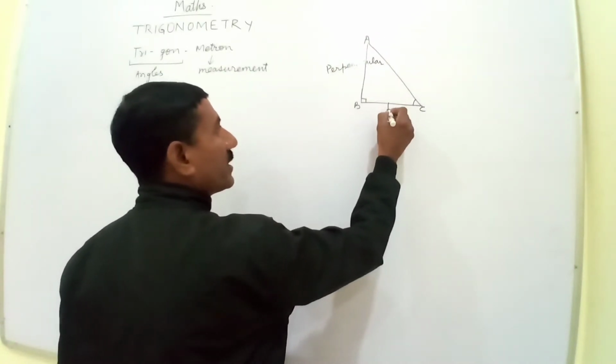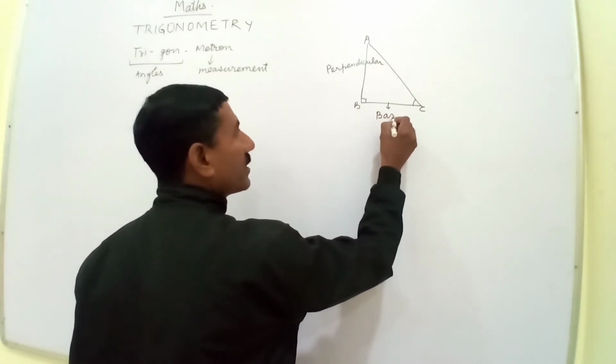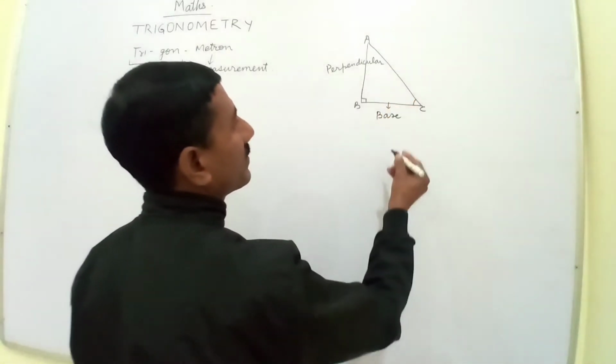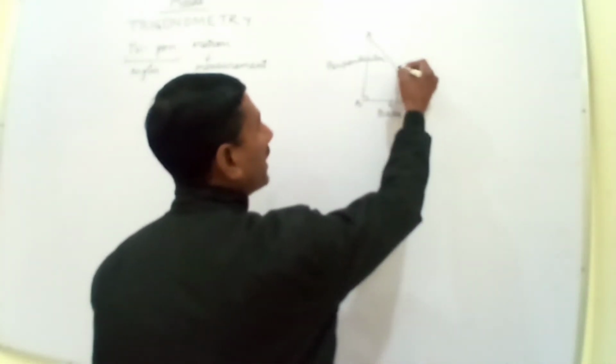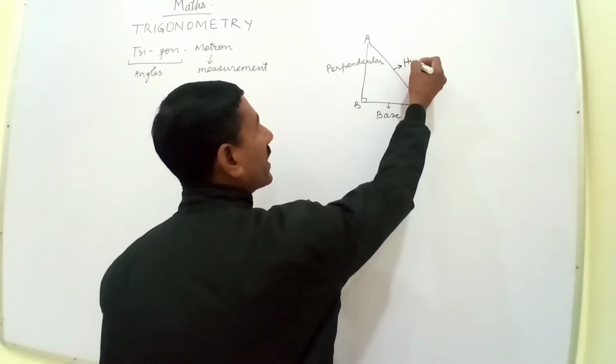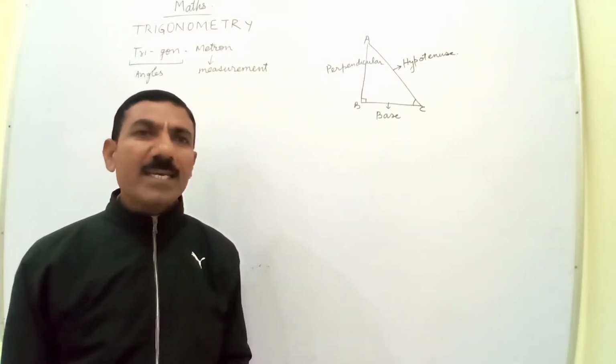The side that lies on this angle is called base, on which the triangle is located, and the third side, which joins the perpendicular and base, is called hypotenuse. We explain this topic very easily.